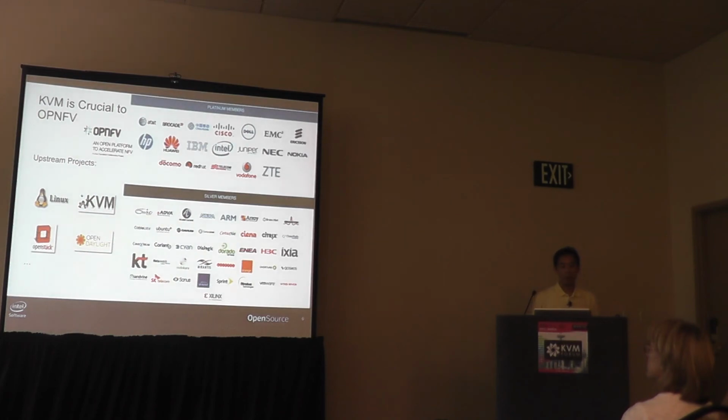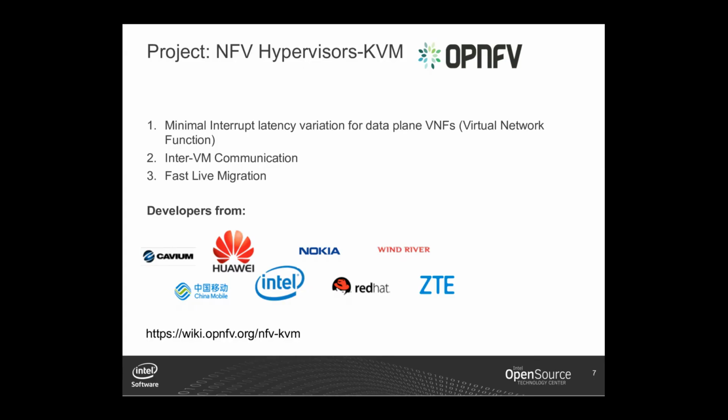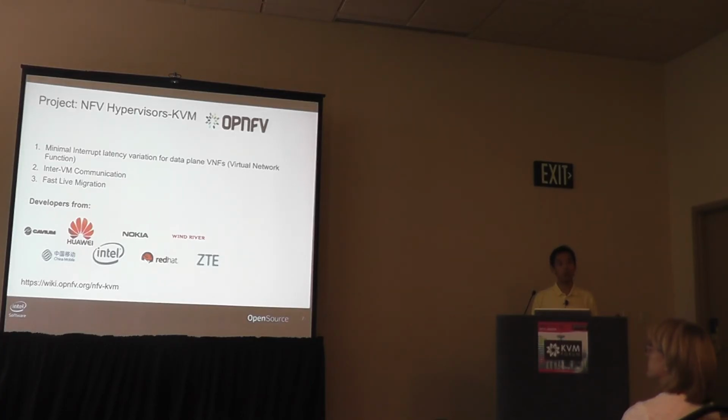As you see, many companies are there. I believe you guys are there, right? In fact, last month we proposed a project, KVM enhancement for NFV, and it was approved. Now it is an official project at OPNFV.